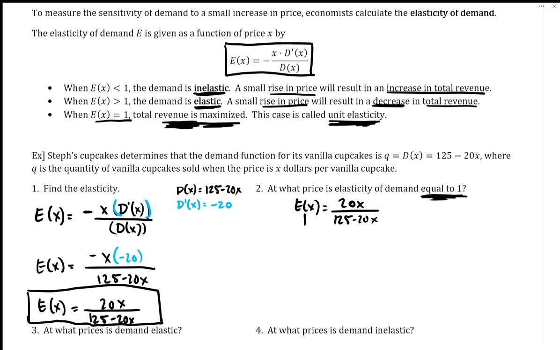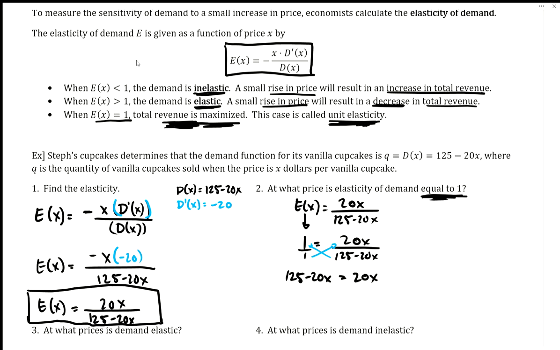We set this equal to 1 on the left side, and the right side stays the same. If it helps, we can put a 1 underneath, because now we have a fraction equal to a fraction, so we can cross multiply. From the bottom right to the top left, 1 times 125 minus 20x is 125 minus 20x. And the 1 in the bottom left multiplies the top right, giving 20x.